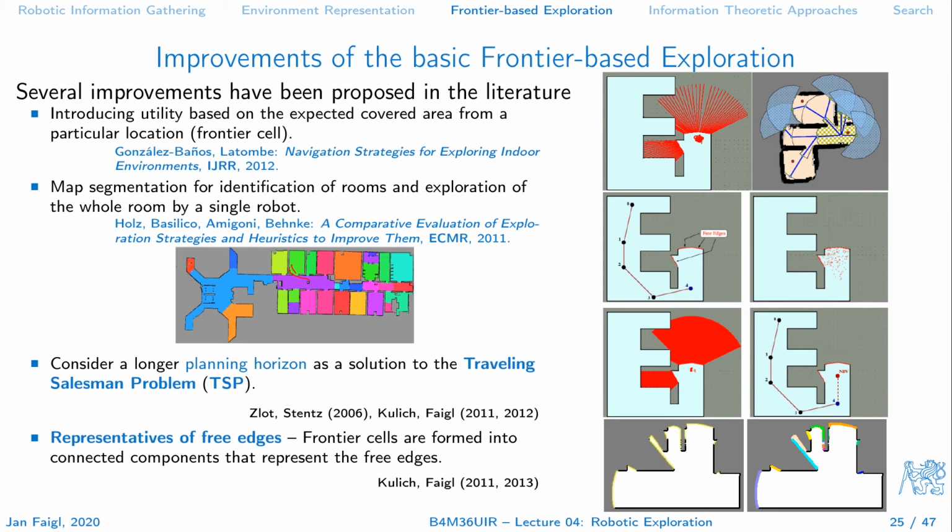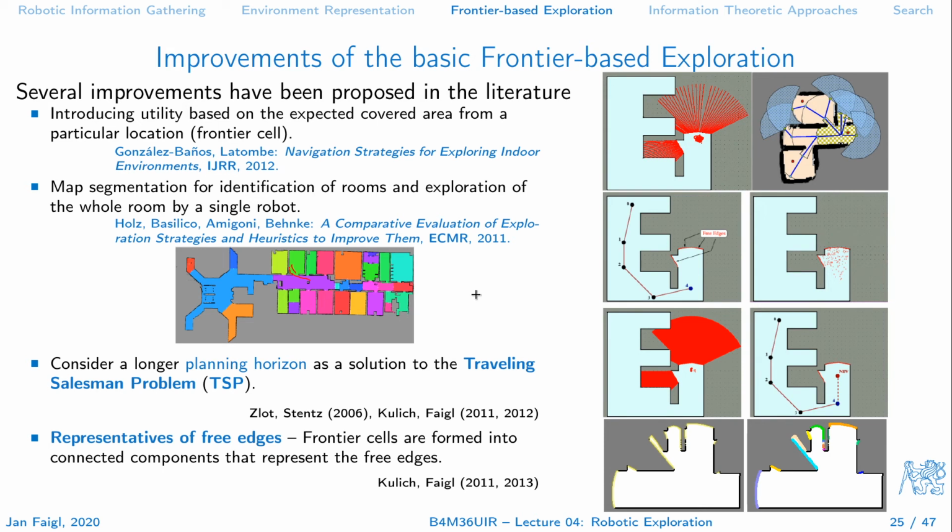There is also another approach where we do not consider this greedy strategy, but we have a bunch of possible locations to visit to cover or collect information about the unknown environment, and we can put it into a longer planning horizon and solve it as a traveling salesman problem.